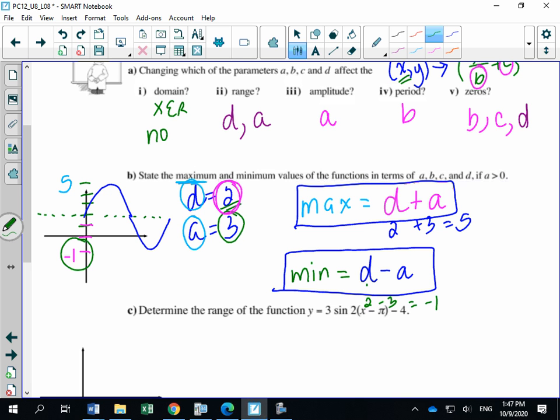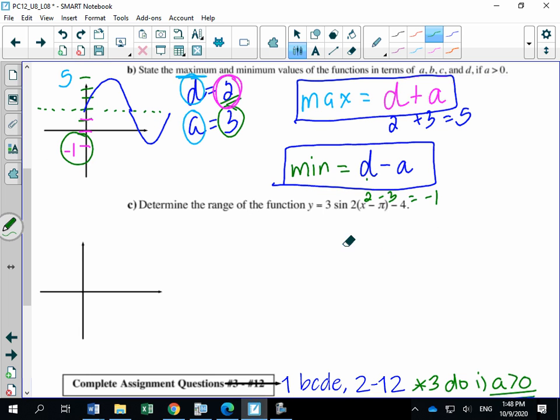That is my minimum. So A plus D or D plus A will always give you the maximum of any graph, and the minimum of any graph would be D minus A. It's really difficult to figure this out unless you're able to pick a midline, pick an amplitude, graph it, and then you could figure this out.